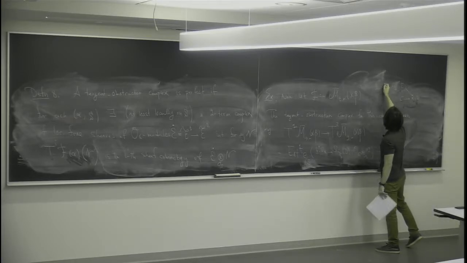I can write this as Ext, but I don't see why it should be complicated. Then we can take the cohomologies of that Ext complex, and we'll get these groups.